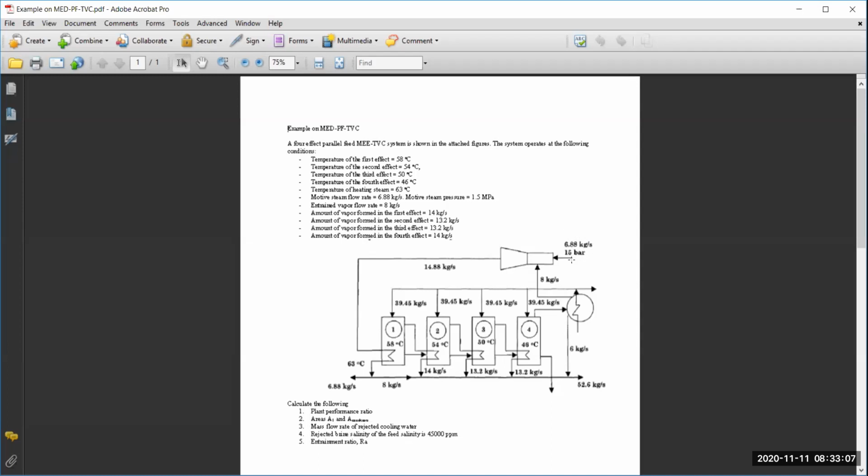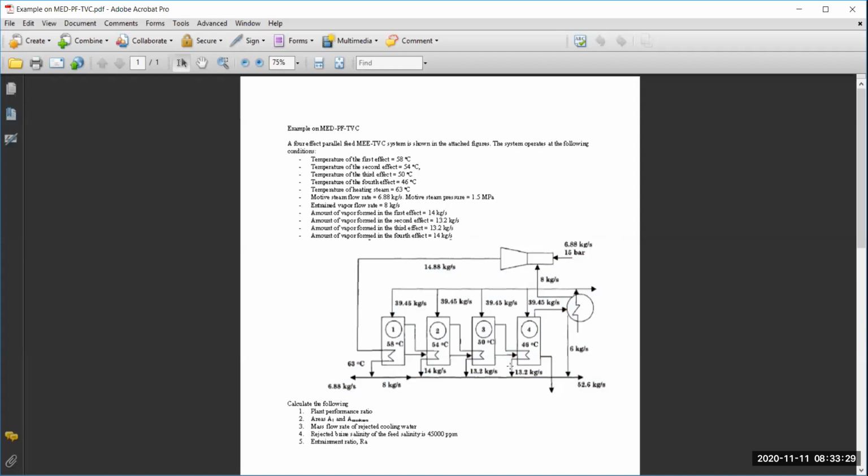6.88 kilogram per second. The amount of vapor formed in effect number 1 is 14. This is whatever leaves effect number 1 to go into effect number 2 for heating and then joins the product line. Effect number 2 is producing 13.2 kilogram per second.